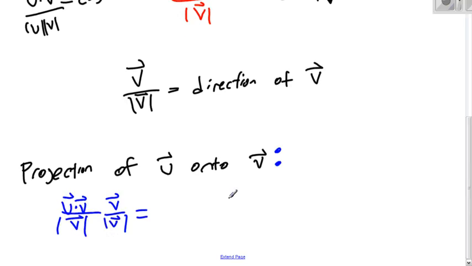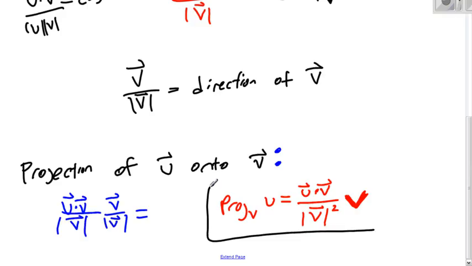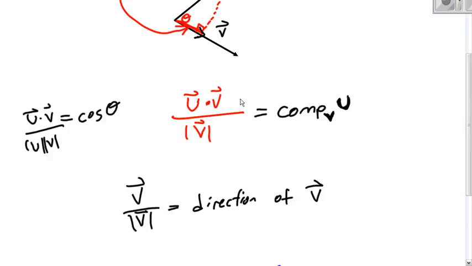So we got the projection of u onto v would be the dot product of u dot v divided by the length of v squared times vector v.